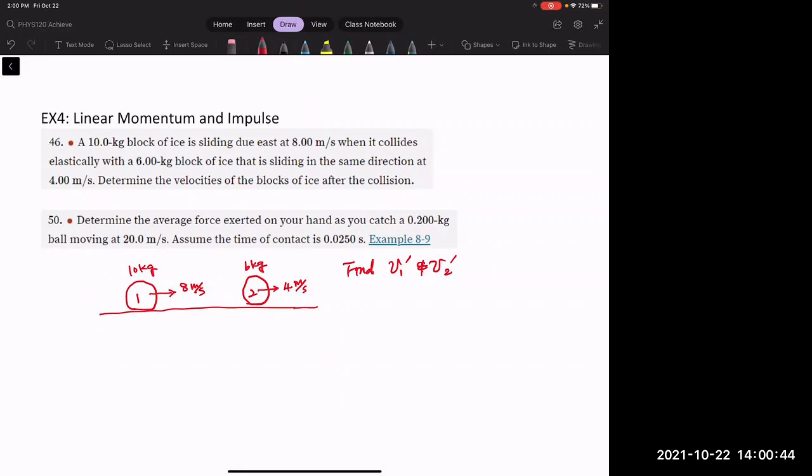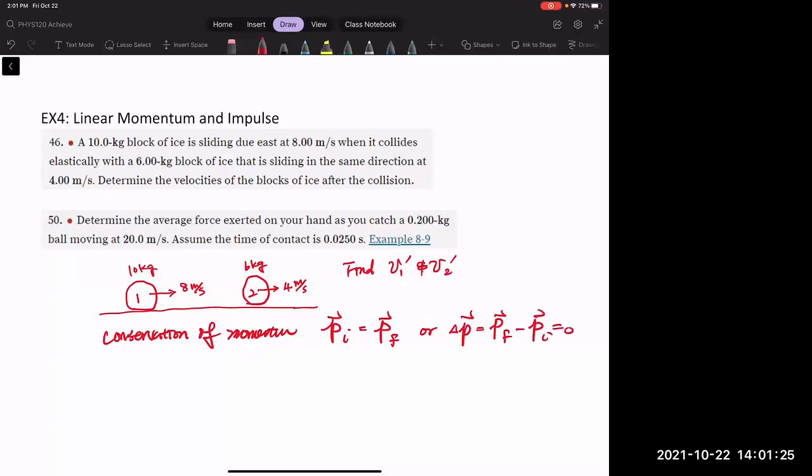What is the conservation law that you can use to find this solution? Whenever you have a collision, momentum is always conserved. So you use conservation of momentum. Conservation of momentum means the momentum at the beginning equals the momentum at the end, or the change of momentum, final minus initial, should be equal to 0.